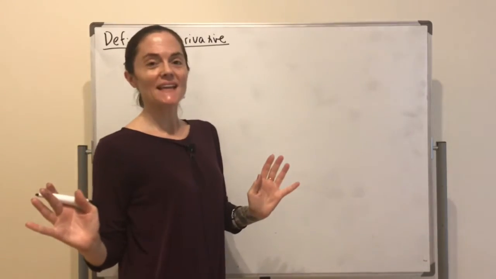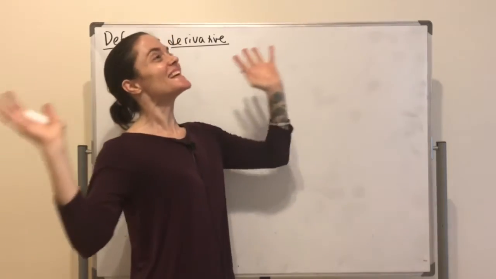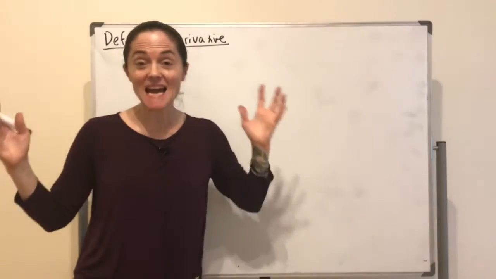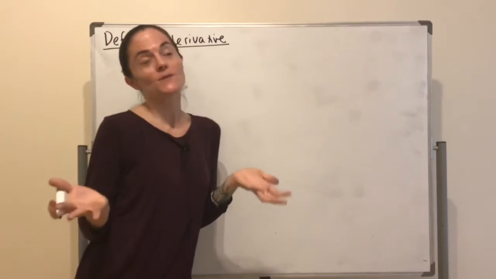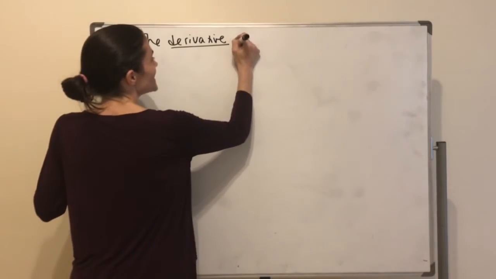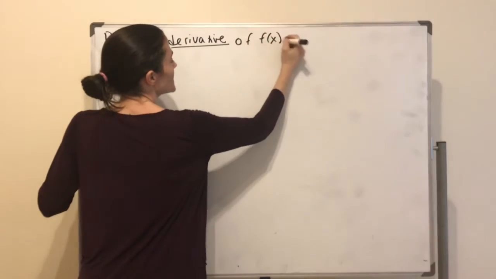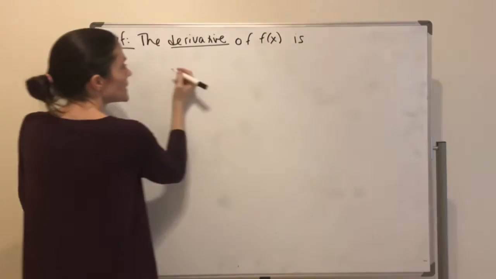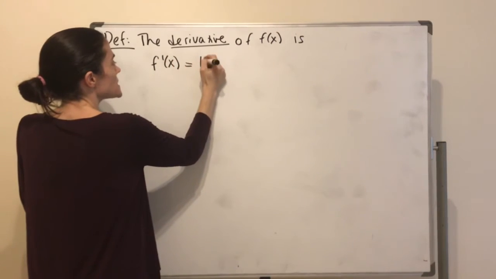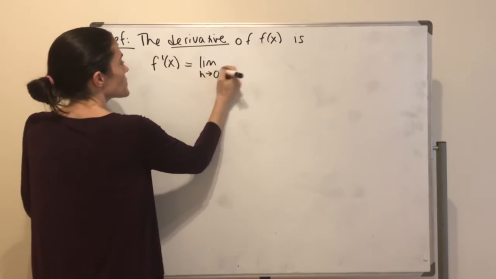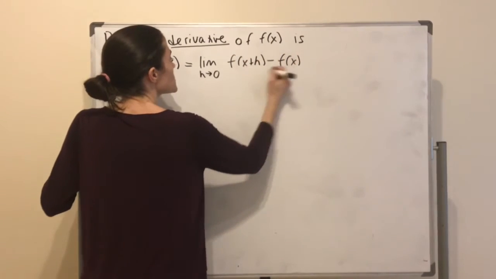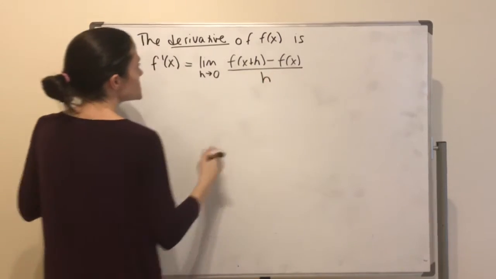Now I want to define the derivative. We're going to spend a lot of time on derivatives, and in fact this is most of the focus of this course. But the derivative of a function is a function, and it's the limit as h goes to 0 of f of x plus h minus f of x over h.